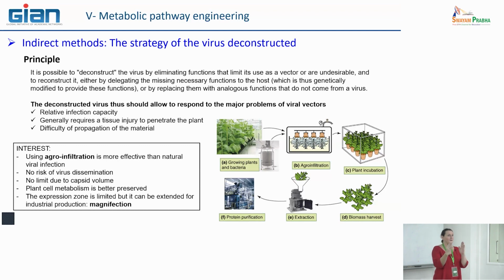But as it is a virus sequence, the protein of interest that has been included in this vector is overexpressed in a very, very efficient amount. So in 3 or 4 or perhaps 10 hours max, you may have lots of recombinant protein produced in your leaf, and after you just have to harvest this biomass and make the extraction process until the purification to have the recombinant protein you want.